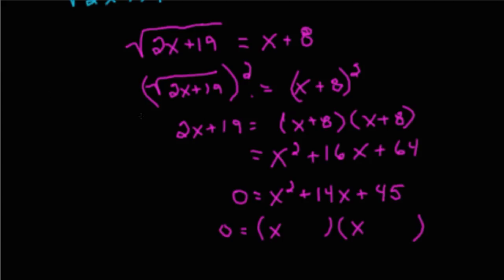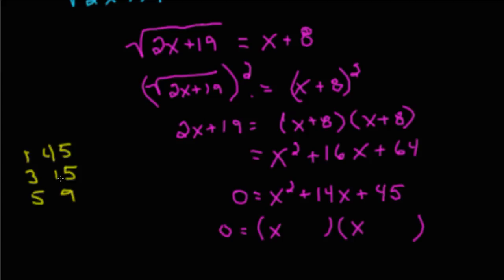I'll just have a little factoring refresher here. The factors of 45 will have 1 and 45. 2 doesn't go in equally, so we'll have 3 and 15. 4 does not go in. 5 and 9. And 6, 7 and 8 do not go in, so then they'll just repeat.